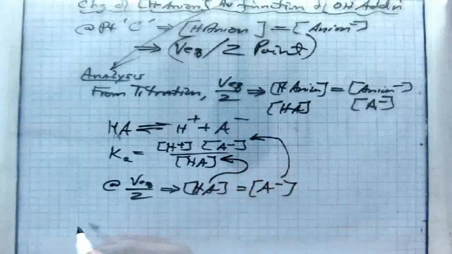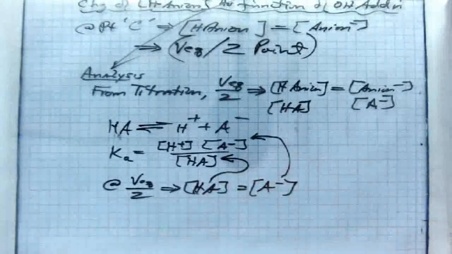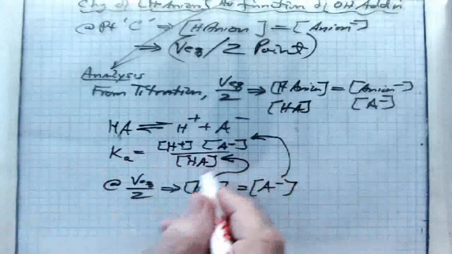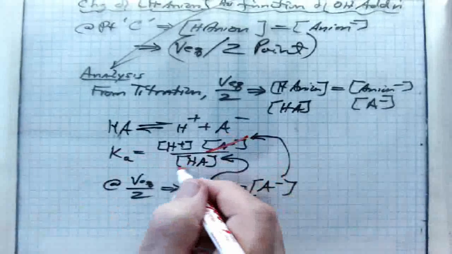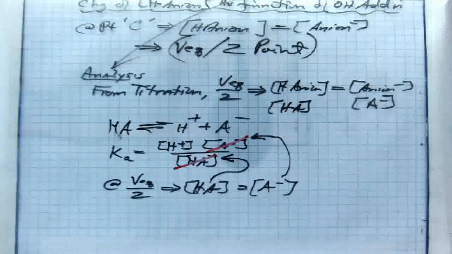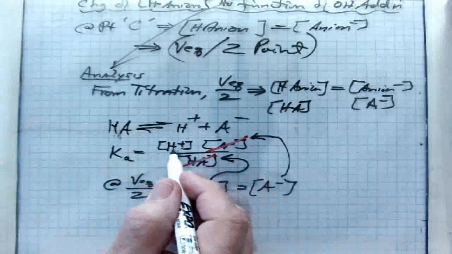So if the hydrogen equals Ka, then we can take the minus log of the hydronium ion concentration and set the pH equal to the pKa.